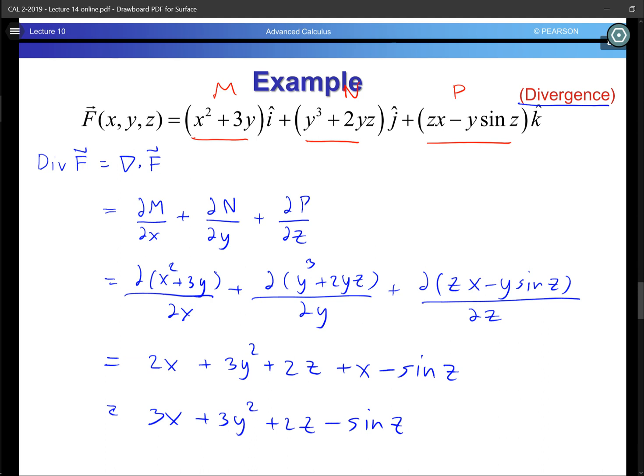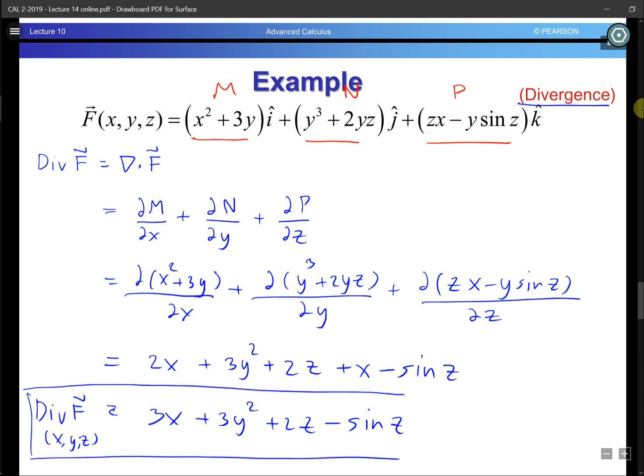So that is the divergence of F at any point x, y, z. That's why you have the variables x, y, z in the answer.